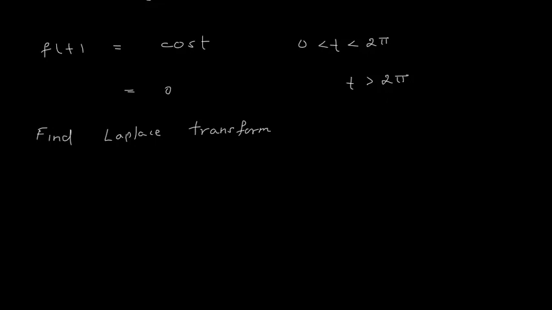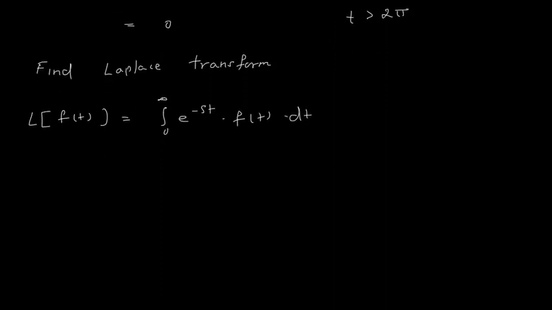So Laplace of f of t is equals to integral 0 to infinity e raised to minus st into f of t dt. So here we will split this into the part 0 to 2 pi, e raised to minus st into f of t, which is cos t, into dt, plus the second part, which is 0.